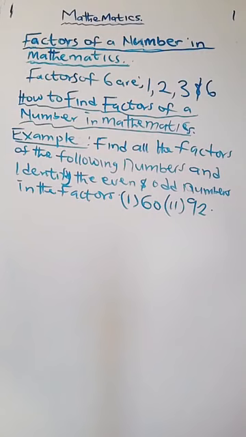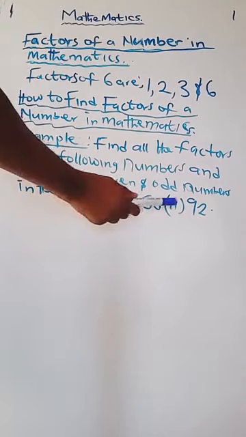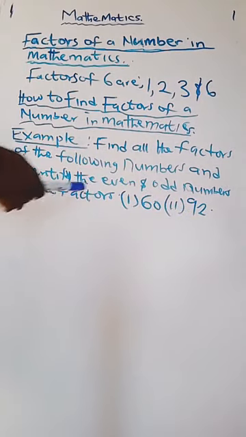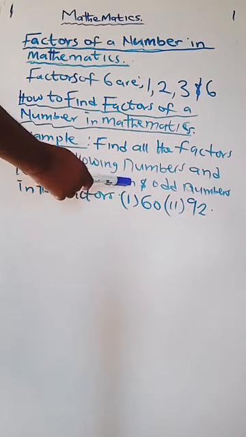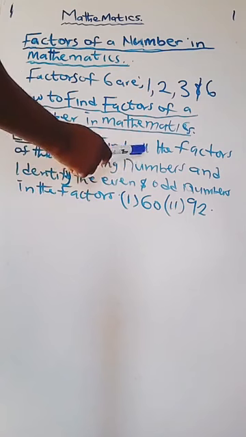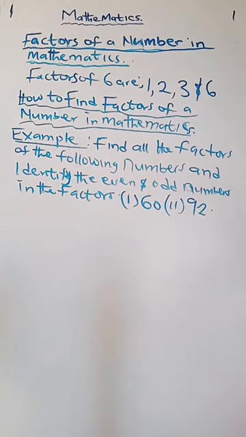Now, the question is asking us to do 3 things. 1, find all the factors of 60 and 92. Then identify those numbers that are even numbers from the factors and those numbers that are odd numbers from the factors. Let's see how we can solve the question.